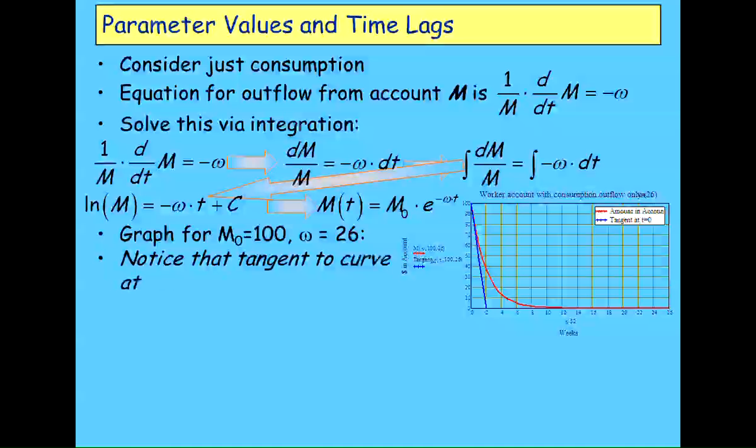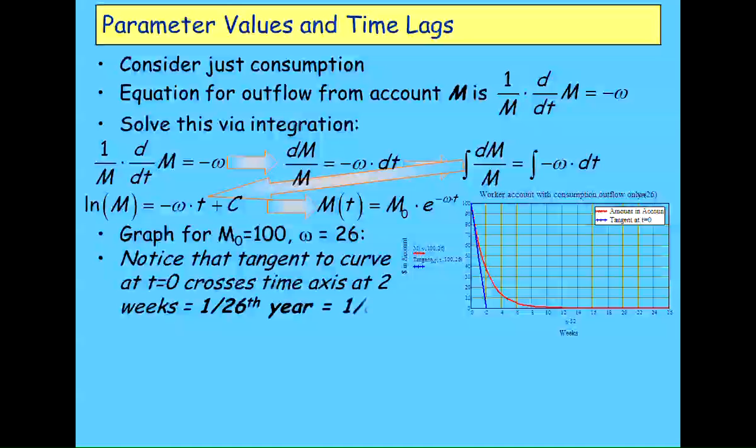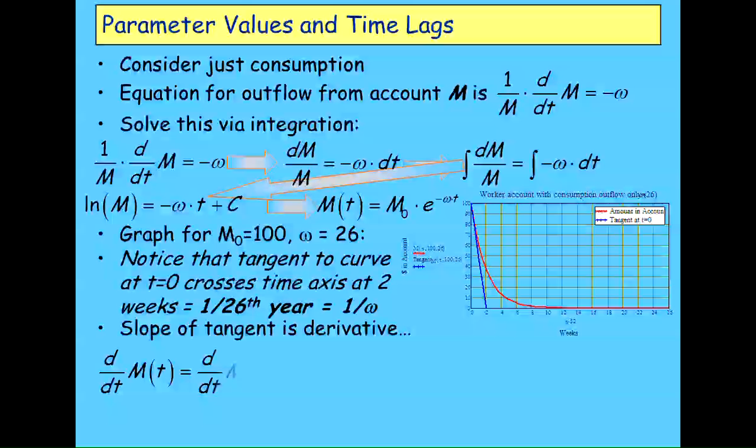Okay? That's the clue. So there's a link between the 26, which I've used for workers, and this time at which the derivative of how fast their money accounts start falling equals 1/26 of a year. That is no accident. The slope of the tangent is the derivative of that function. If I take the derivative of an exponential, what I finally get is the exponential itself times whatever power it was raised to.